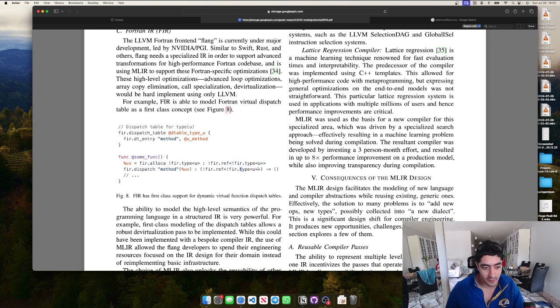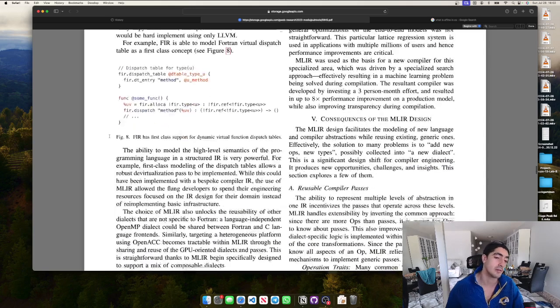Not quite sure what is happening here, but if you can see, this is just a function right here, and then just another line. So it says do this, but this type.